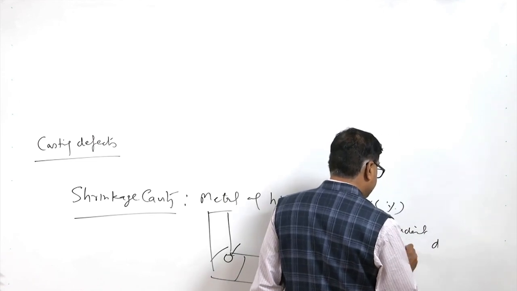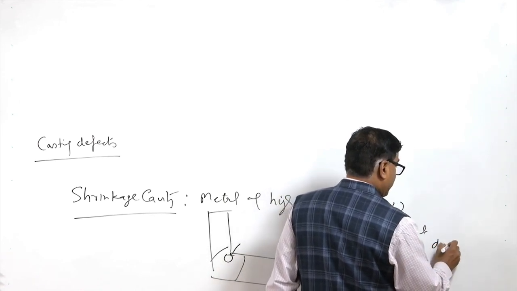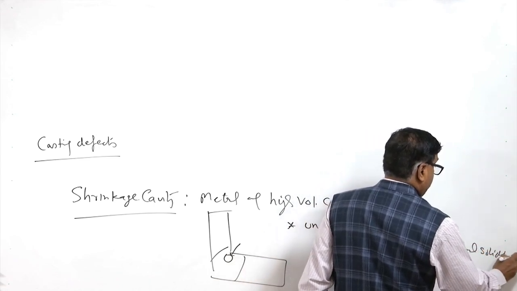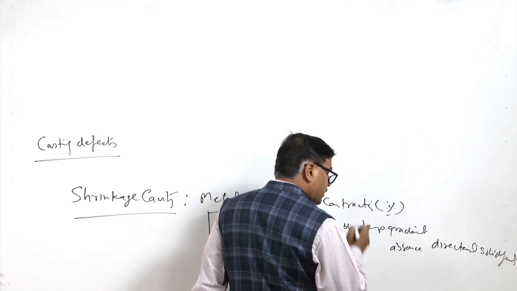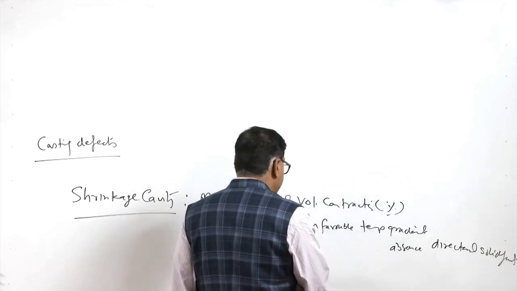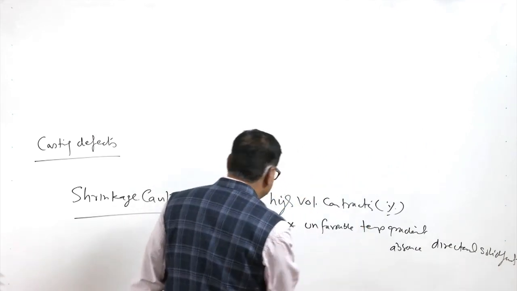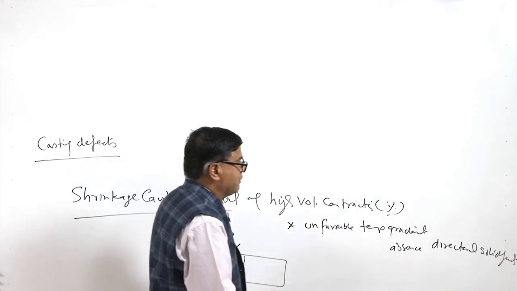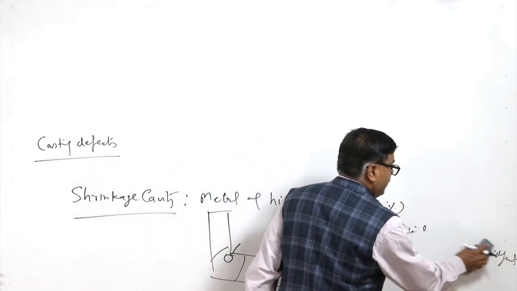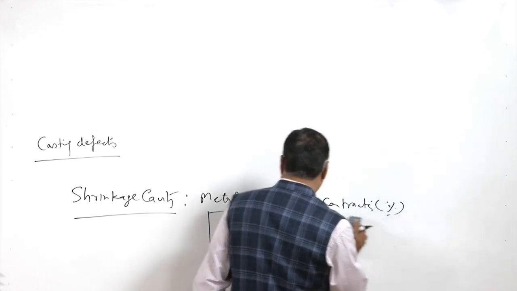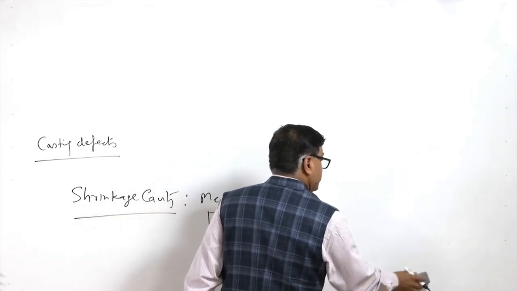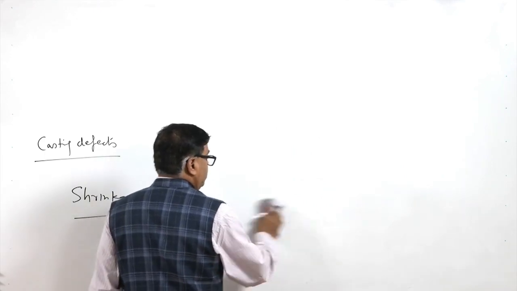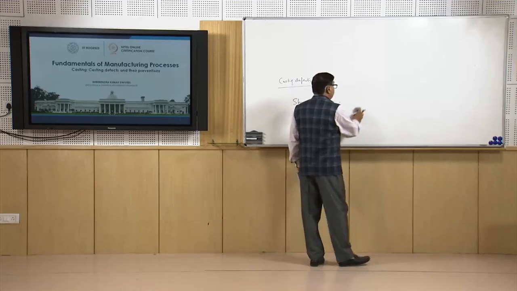So, we can say absence of the directional solidification, or even if it is there, even if chills are being used to ensure directional solidification, if the chills are not placed suitably, then an unfavorable temperature gradient is developed, which will lead to the presence of the shrinkage cavity. It basically happens due to the lack of filling capability of the molten metal, or poor fluidity.